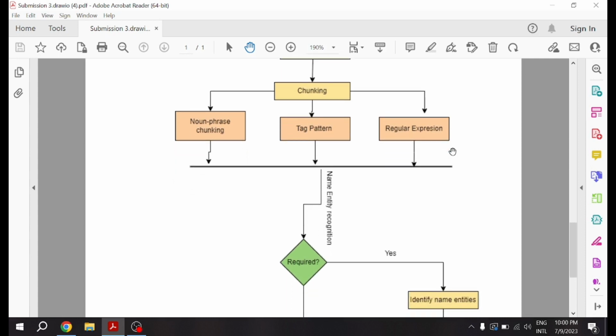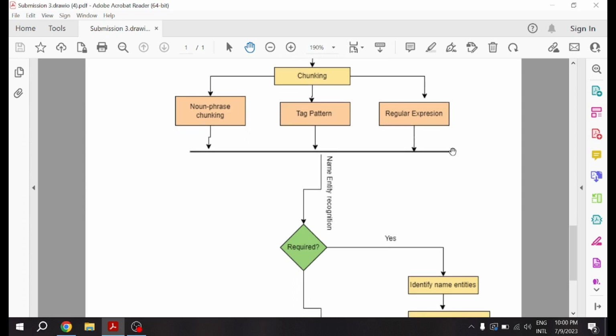After working with three of the processes in chunking, we will go to named entity recognition. Named entity recognition is a natural language processing task that involves identifying and classifying named entities in text.